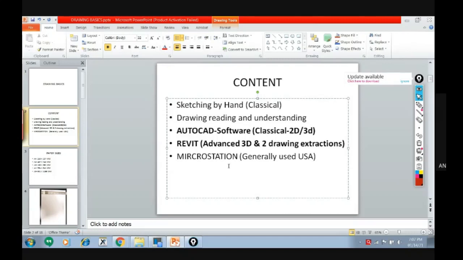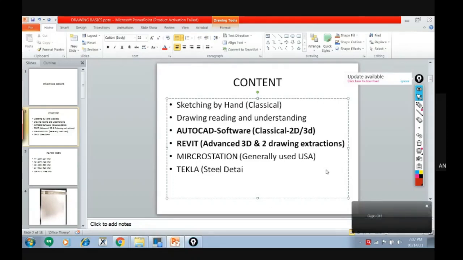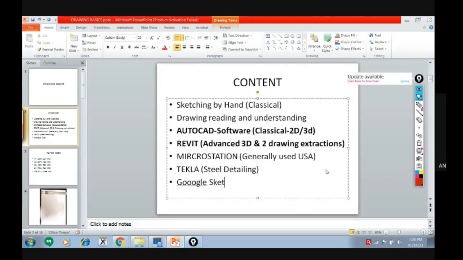Then there are many other softwares, but they are not yet very popular, so there is no need to think about them. Regarding 3D modeling, generally TEKLA software is used for steel drafting, steel detailing. Then there is Google SketchUp, which is used for 3D modeling.